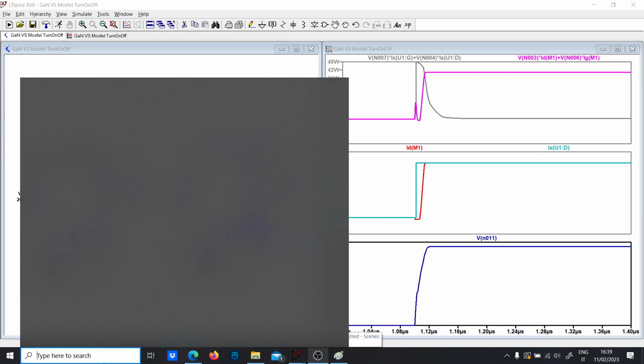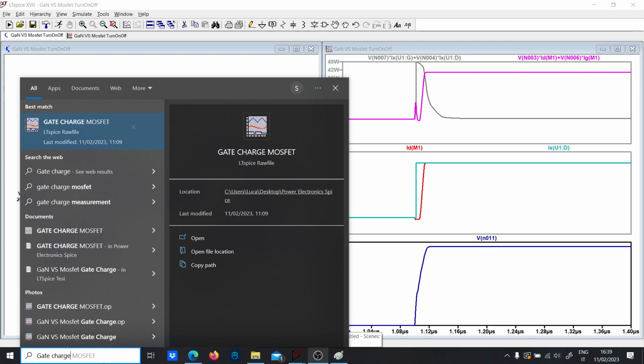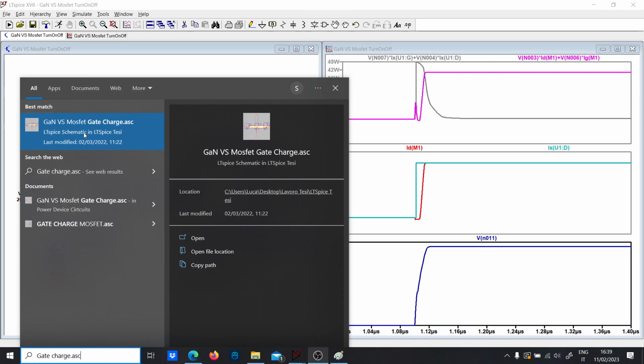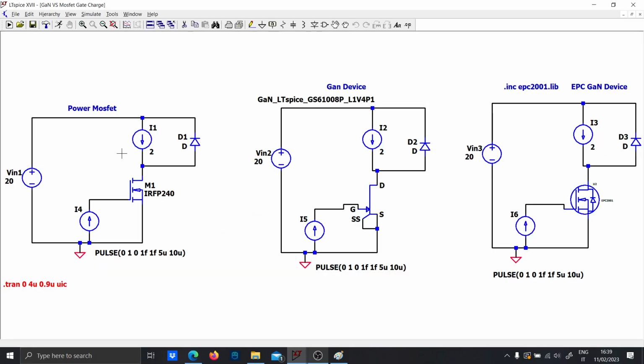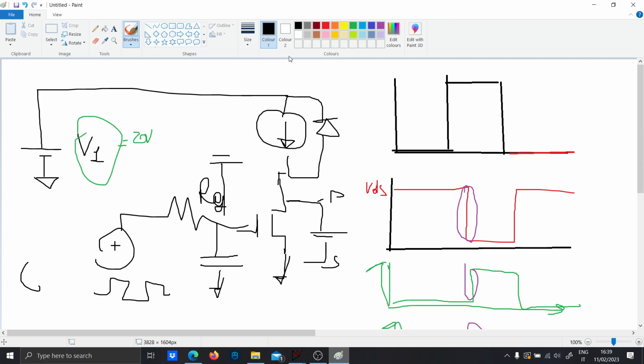For the gate charge instead, it is another similar circuit, but instead of using the pulse here, you just put a constant voltage. So instead of using a pulse generator, you use just a constant voltage, so that you can recharge the gate capacitance in a linear way.